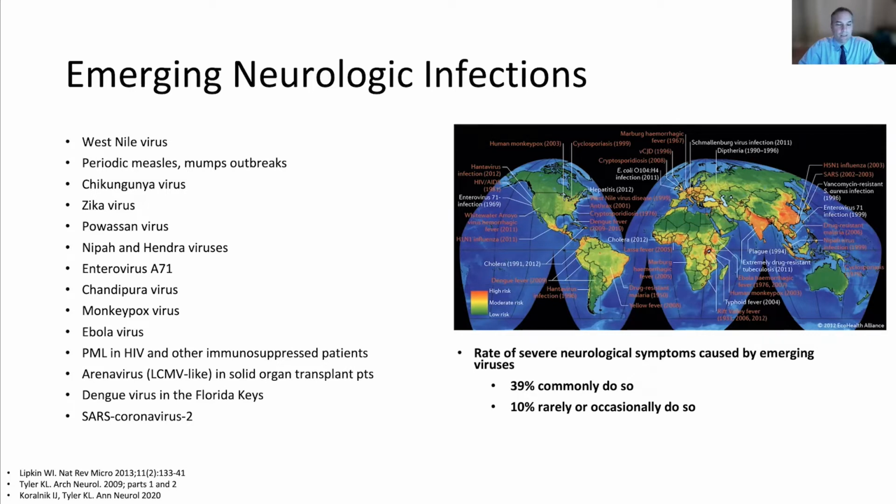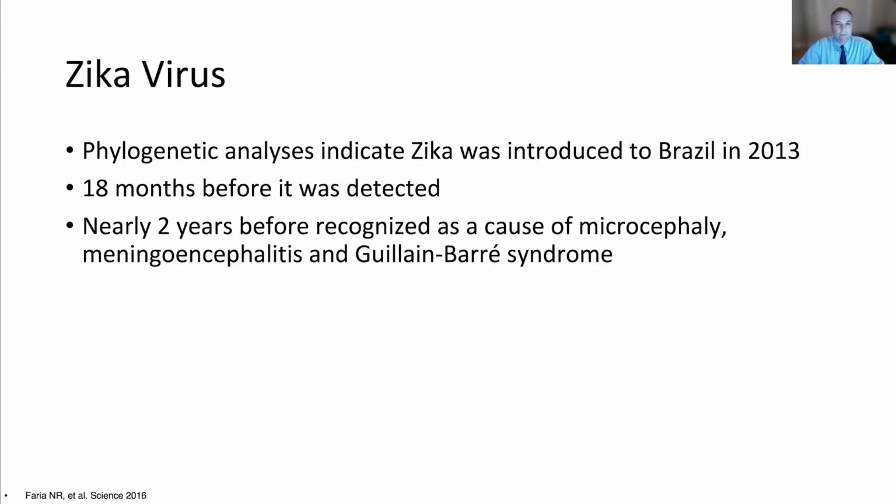Those hypotheses and those types of tests can't anticipate an emerging infection for which a diagnostic test may not yet exist. This was really vividly highlighted with the Zika virus outbreak in Latin America a few years ago.